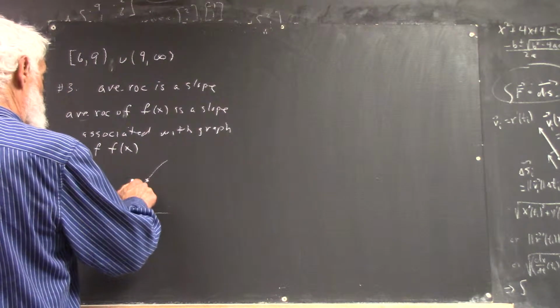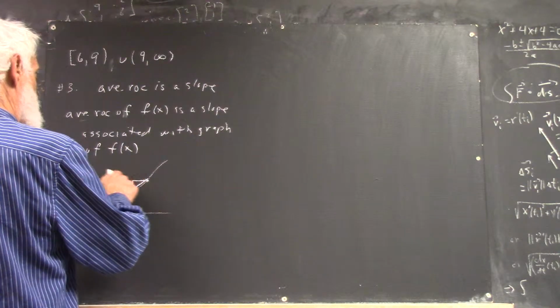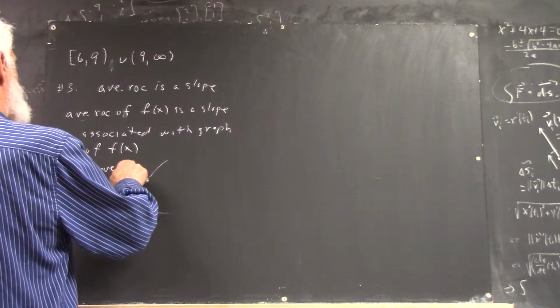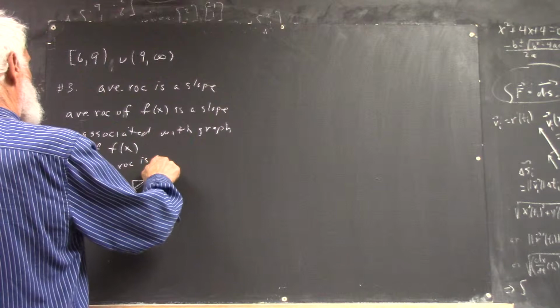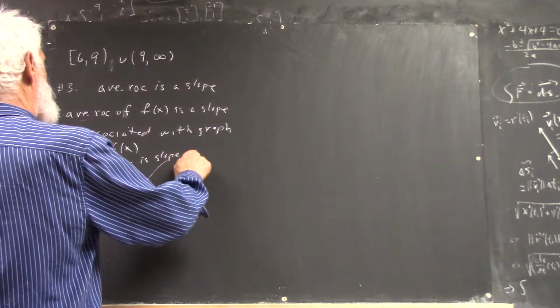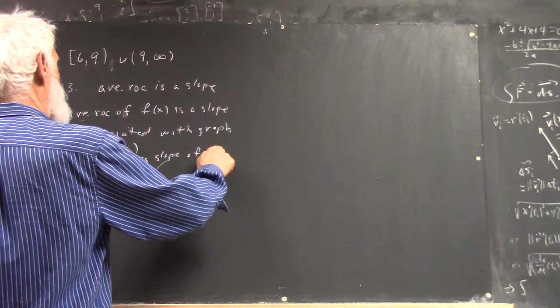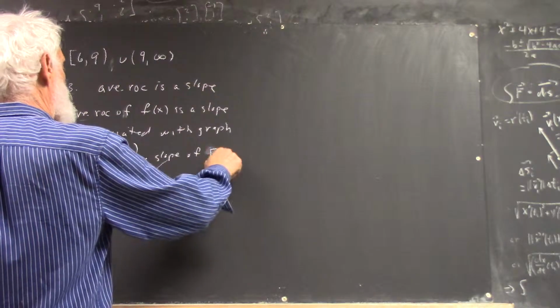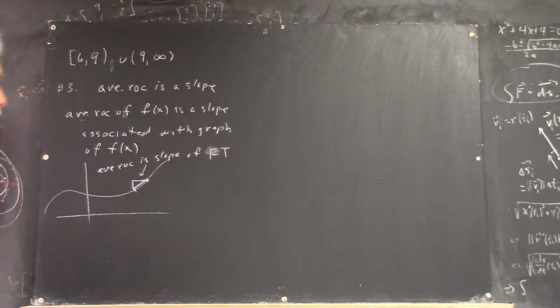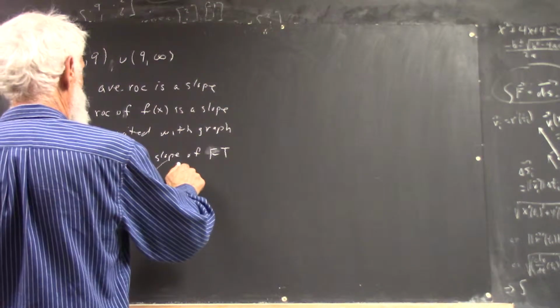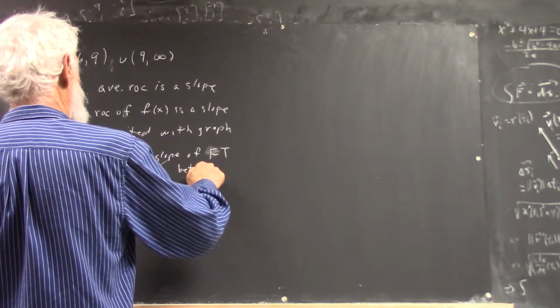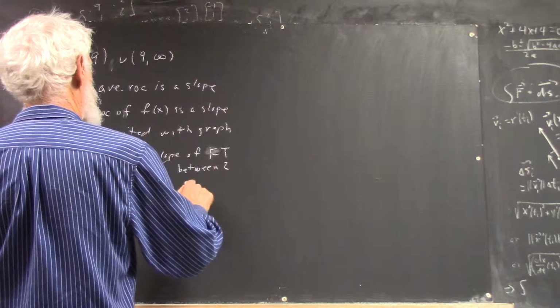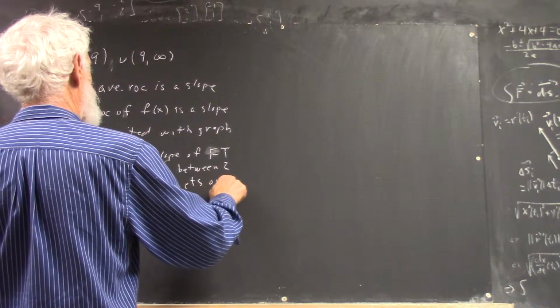It's the slope of the fundamental triangle between 2 points on the graph.